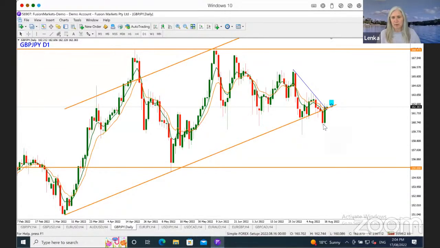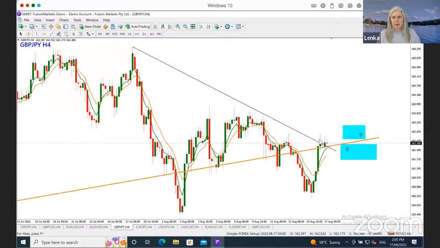Here it closed below, but we had an engulfing bar straight back up. So we could, at around this point, have a decision. Either the price will continue to go up, or it will come back below the previous channel and now have that as the resistance and go down.